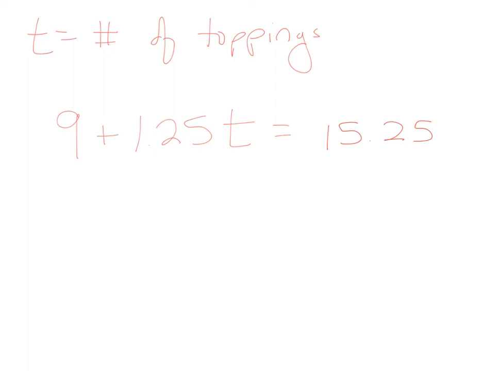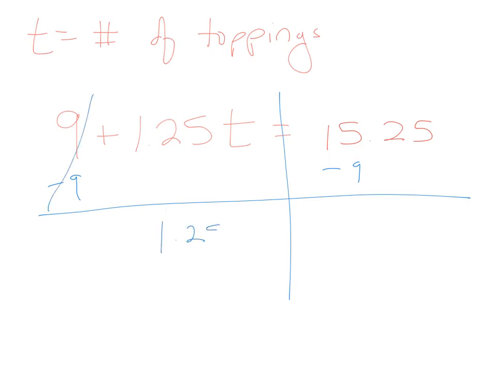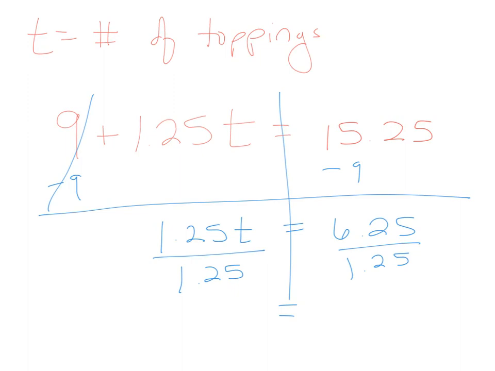We start by subtracting the 9 from both sides. So that cancels. We get $1.25 T equals $6.25. And when you divide by 1.25, you will find that you end up with 5 toppings.